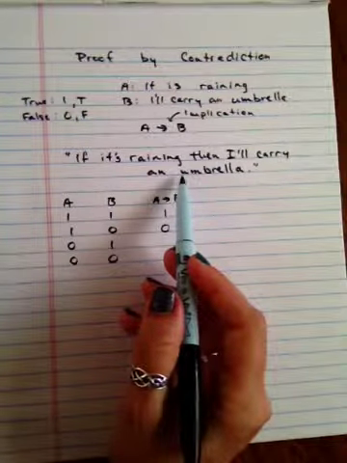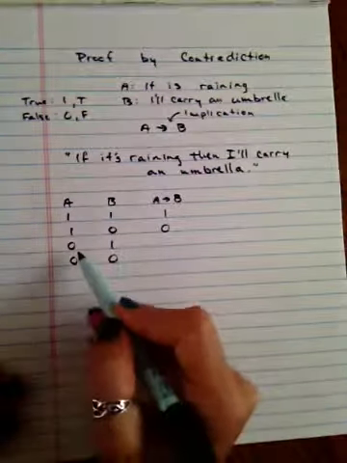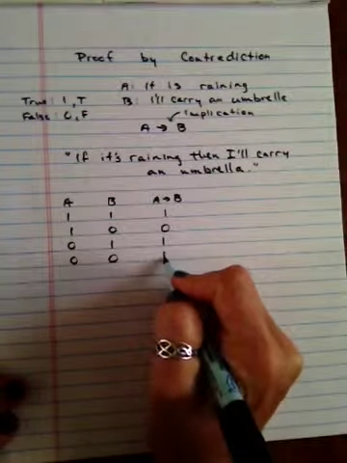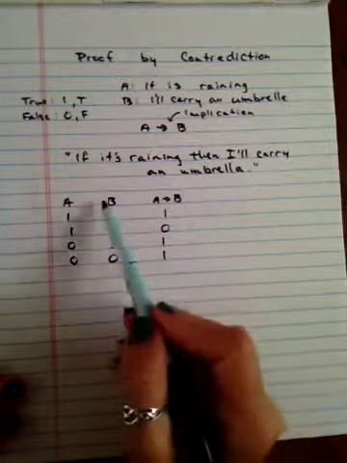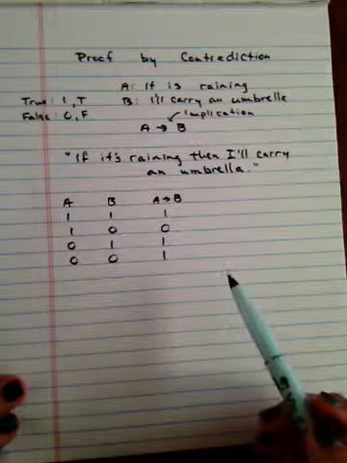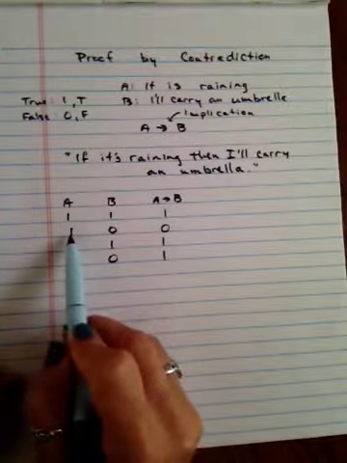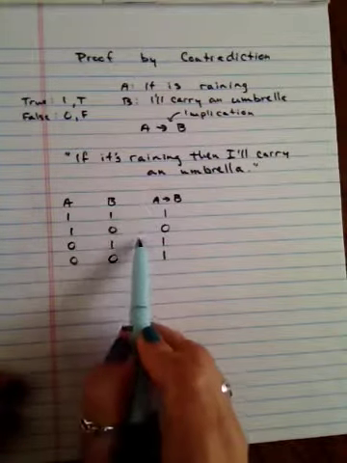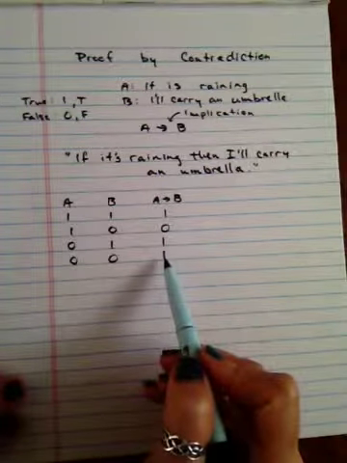You really have to consider both directions for this. So since it's not raining, you can't prove me false, so both of these are actually true. And this is your standard truth table for an implication statement. The only time that it can actually be false is if you start with your if being true and your then being false. In all other cases, the implication is true.